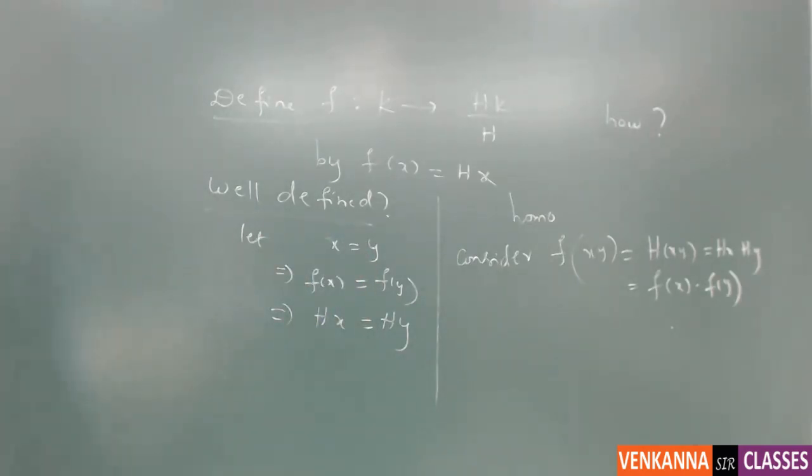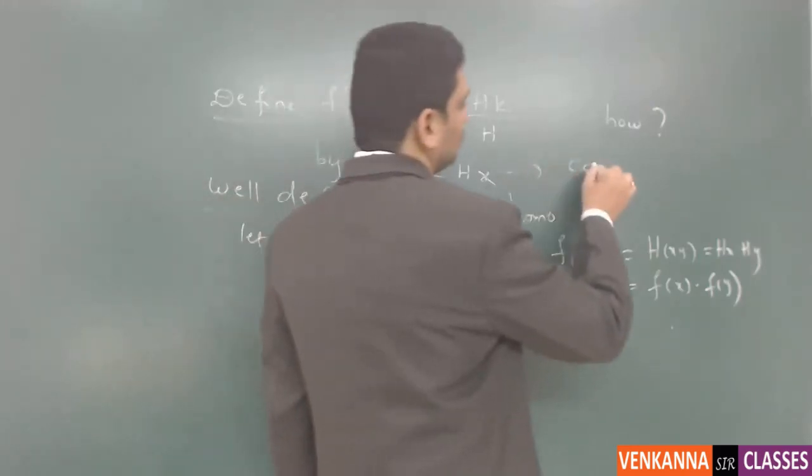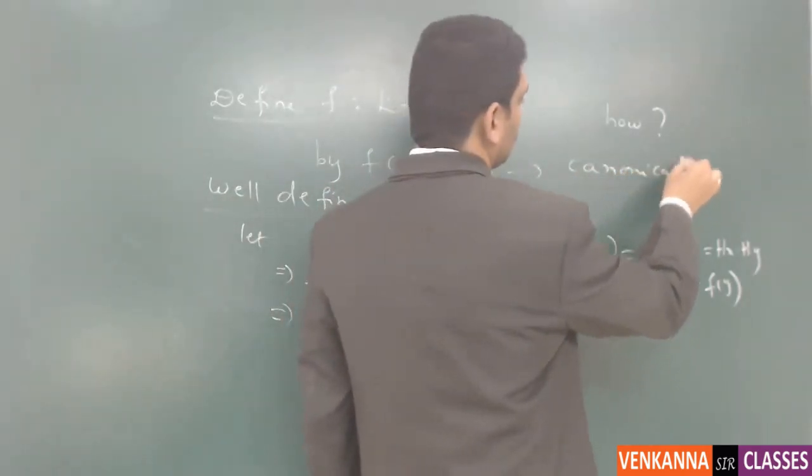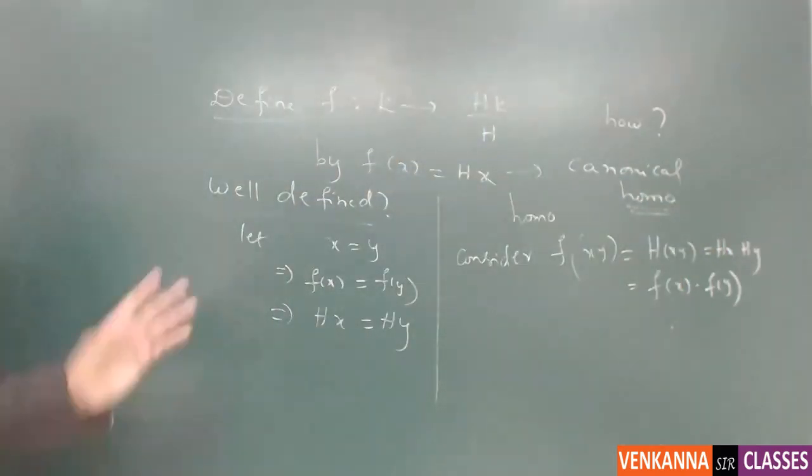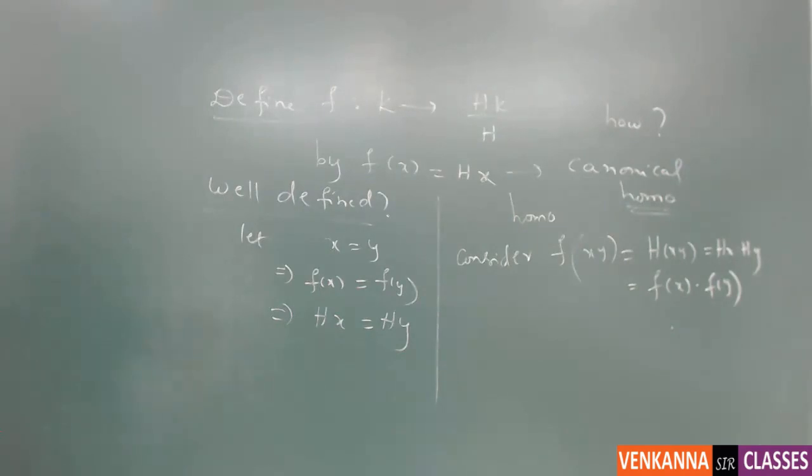So we have defined a function which is a homomorphism and it is onto also. Here I am not proving onto. The function is onto by its very form, it is a canonical homomorphism, so it is always onto. If you are interested, you can prove that.